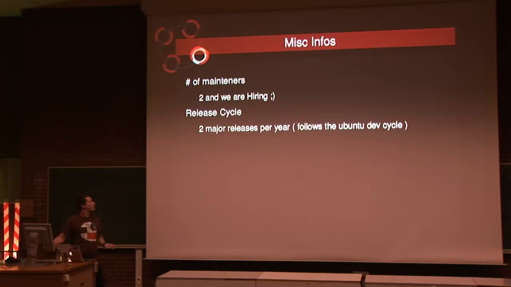So for this operating system, we are 2 maintainers. And we would need voluntary people to help if they want. And the release cycle we expect will be 2 major releases per year. So that's it.